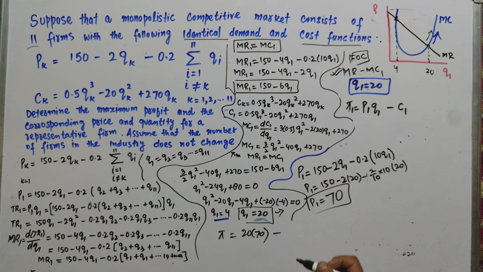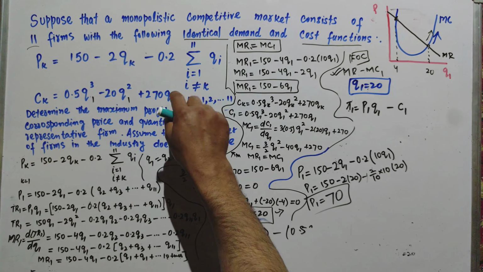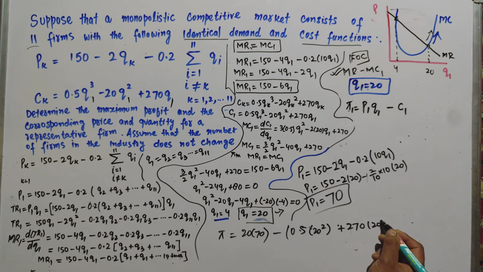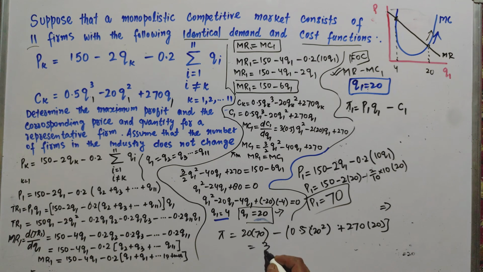The cost function is this, so we need to write Q1 here and Q1 here: 0.5 Q1 squared, that is 20 square, plus 270 into 20. When you solve, we will get the profit for the representative firm equal to 3600. I have solved some of this earlier.